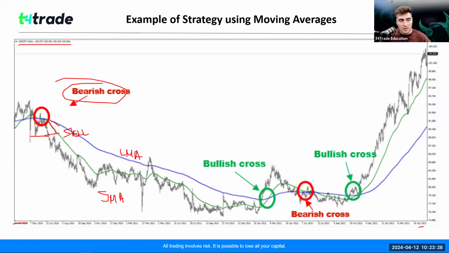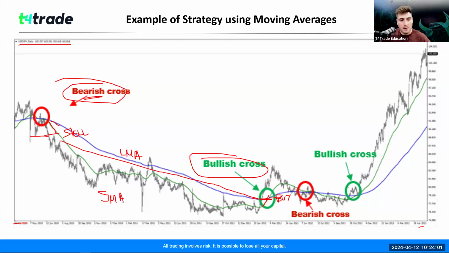After you have substantial evidence that the trend has shifted, you enter a sell position because you have a bearish cross, and you close the position down here when you get the next crossover, which is on the contrary what we call a bullish cross, since the green line, the short-term moving average, crosses above the blue line, the long-term moving average. You can cover your position with a buy here, and make this amount of distance in regards to money.